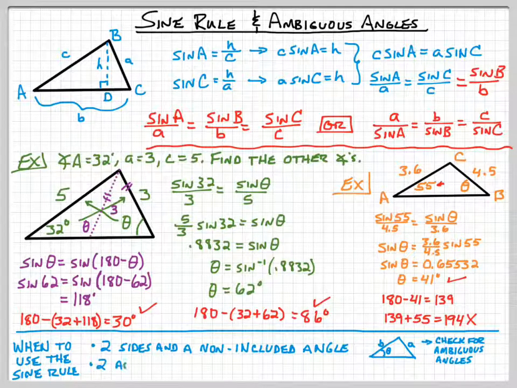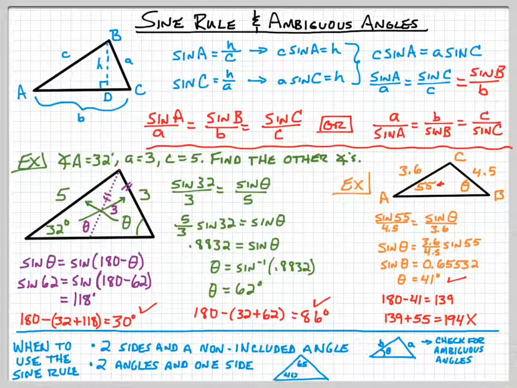The second option is if we have two angles and one side. So this is a little bit easier because if we know these two angles and the one side, we could easily find this last angle. All we'd have to do is add up those two angles and subtract from 180, and we get that last angle. So there's nothing ambiguous here, right?